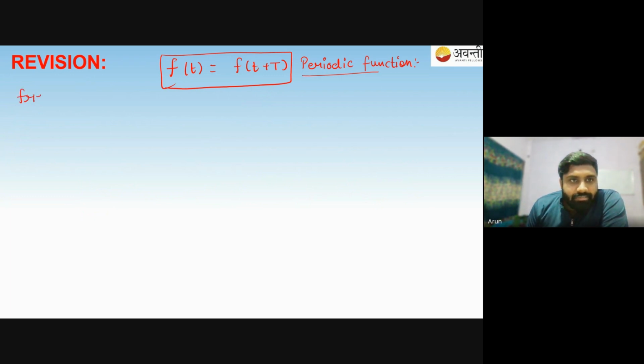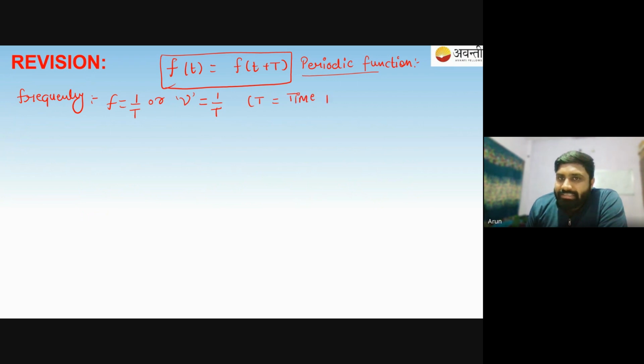After that, we have learned about the frequency. Frequency is nothing but the number of oscillations covered per unit time. So it is given by f is equal to 1 by T, also represented by the symbol nu, nu is equal to 1 by T, where T is the time period.